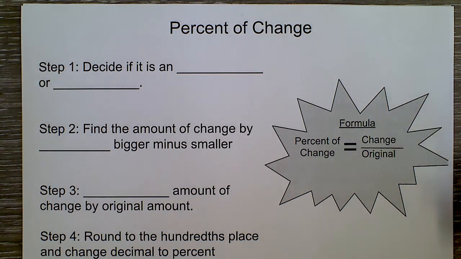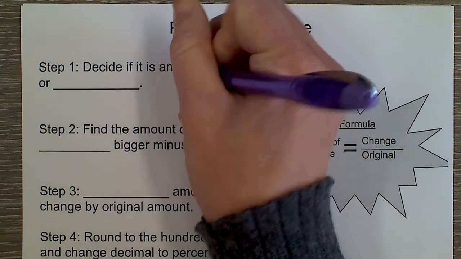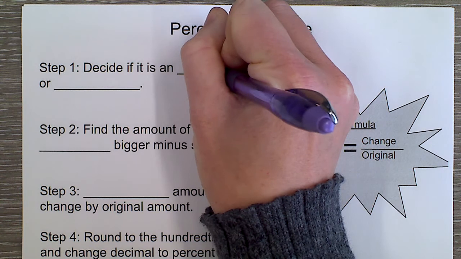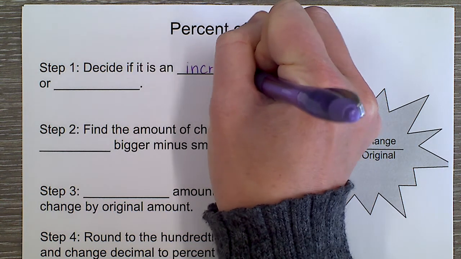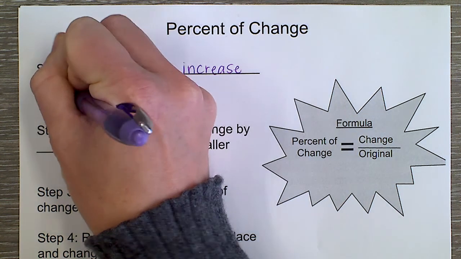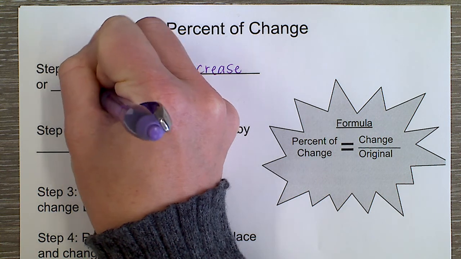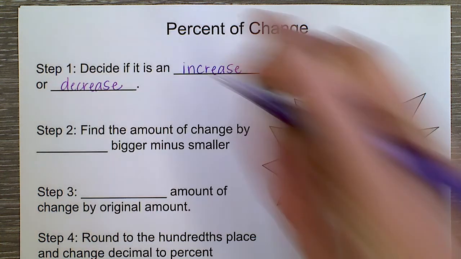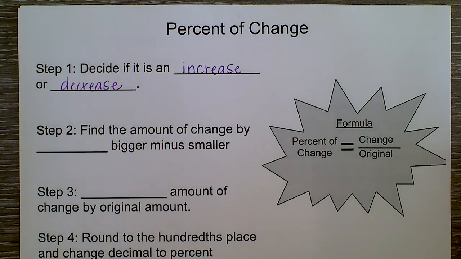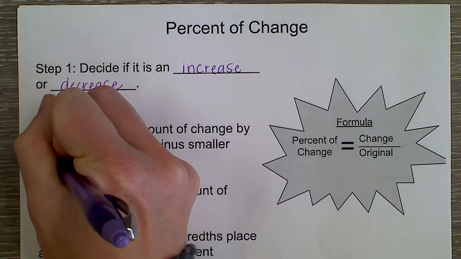So step one, you need to decide if your problem is an increase or a decrease, by simply determining whether your numbers go up or if they go down. Step two, you'll find the amount of change by subtracting the bigger number minus the smaller number.